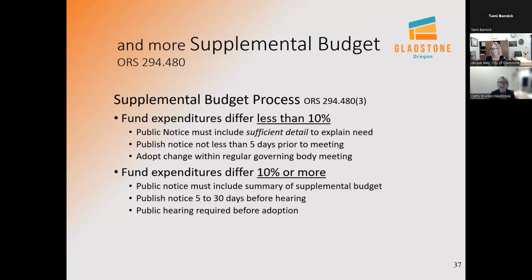No public notice is necessary as far as advertisement goes. If the fund expenditures differ 10% or more, then a public notice must include the summary of the supplemental. Public notice is 5 to 30 days before hearing, and a public hearing is required. Depending upon the amount, you really have to be sure that you're following the right set of guidelines. Next slide.